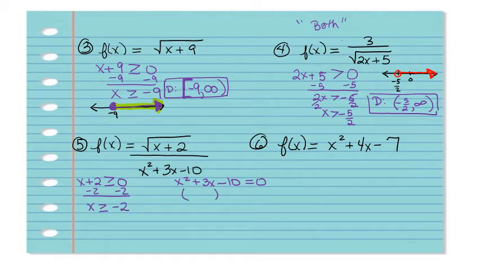And then for this one, we factor it, let's see how this factors, a plus 5 and a minus 2. Set each factor equal to 0. And I get x cannot be negative 5. And I get x cannot be equal to 2.